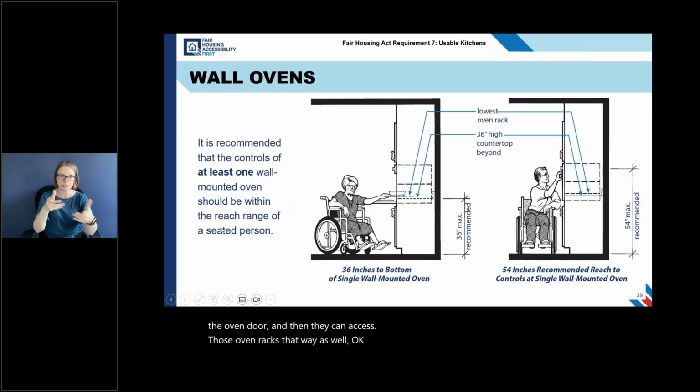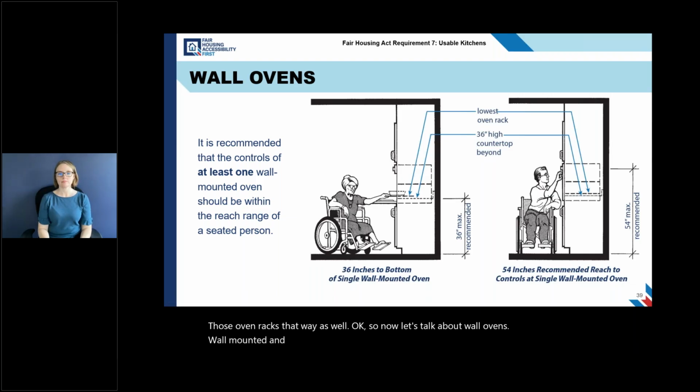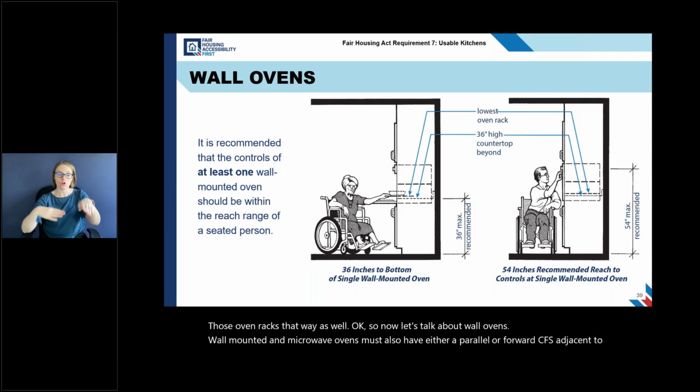Okay, so now let's talk about wall ovens. Wall-mounted and microwave ovens must also have either a parallel or a forward CFS adjacent to the appliance.